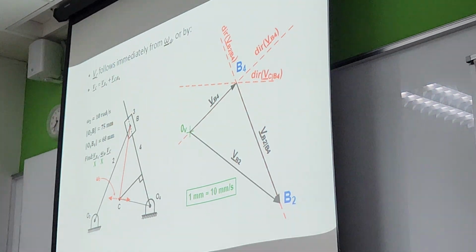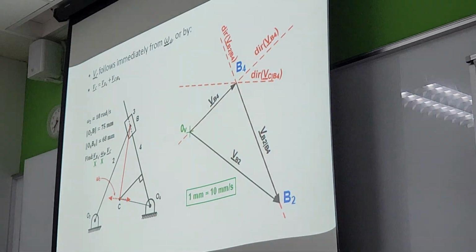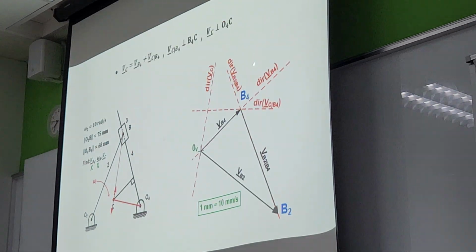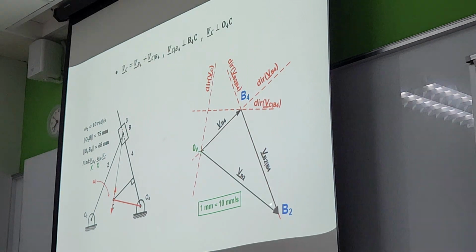So we can draw again the relative velocity equations and again draw the polygons. But when you draw the polygons, now what happens? Whatever velocity polygon you have drawn, we can make use of the same velocity polygon. So this velocity image will be built on the original B2, B4.